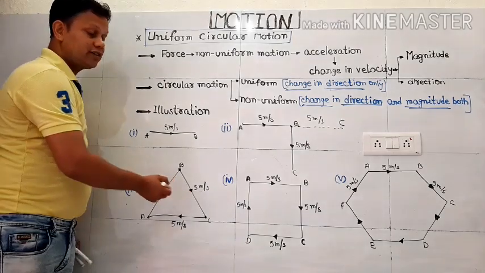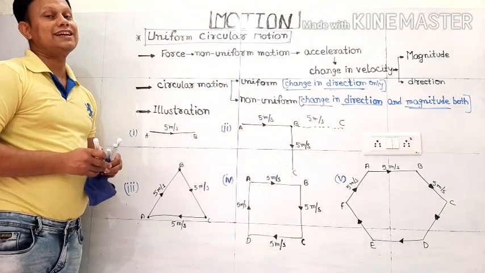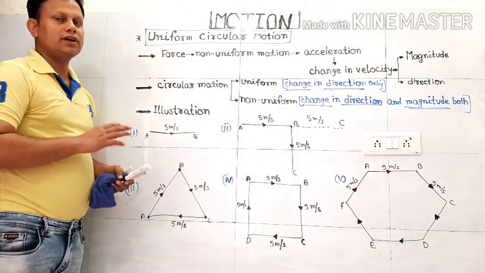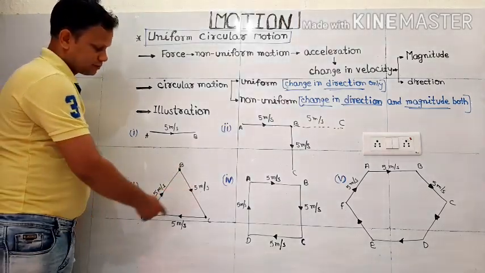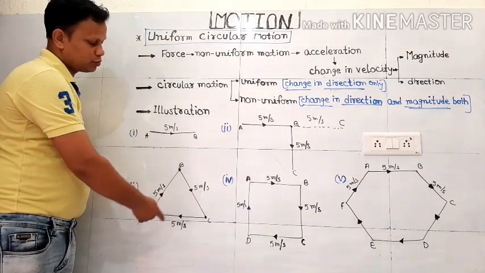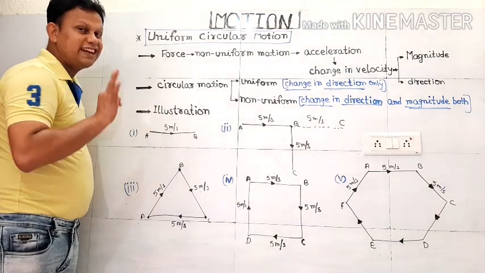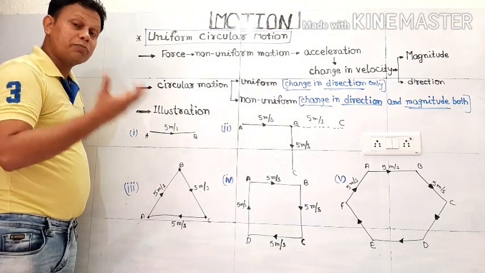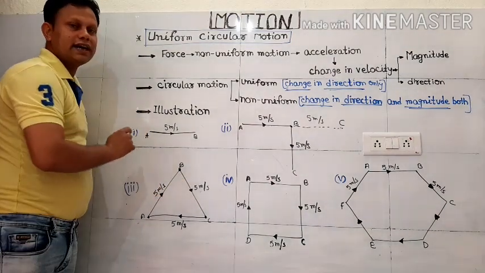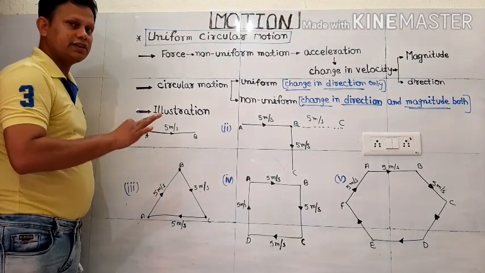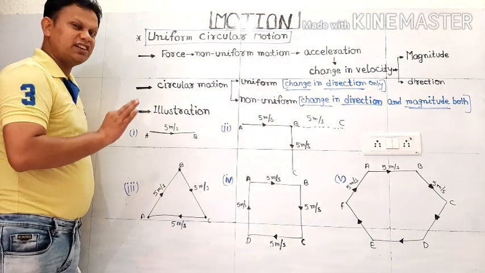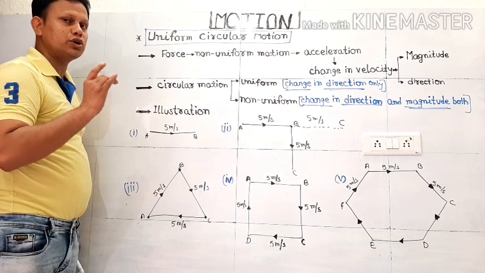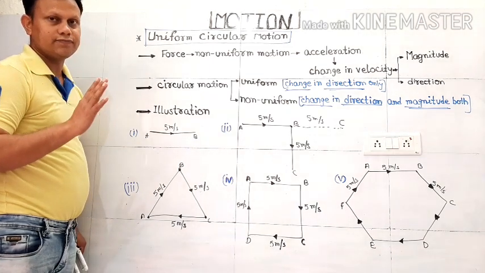So wherever there is a requirement of change in direction, force should be there. In this kind of motion, we observe 3 times force is needed, to change the direction of the object. So 3 corners, 3 times force is required. That means 3 times change in velocity is observed due to change in direction.